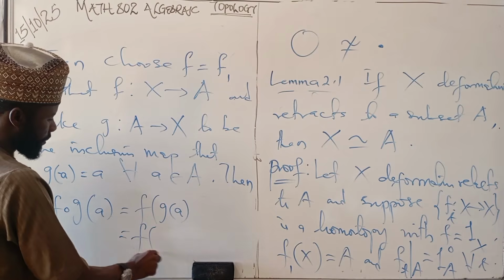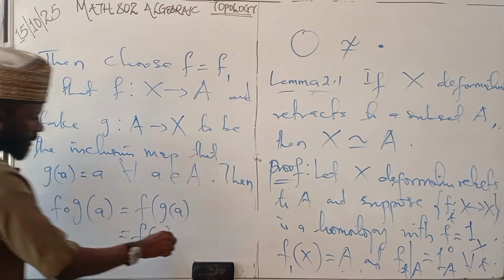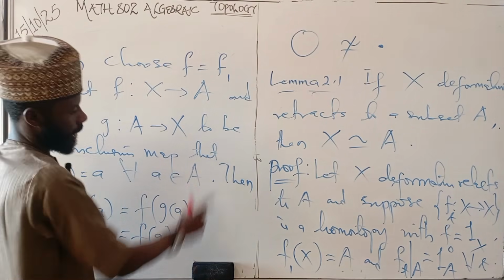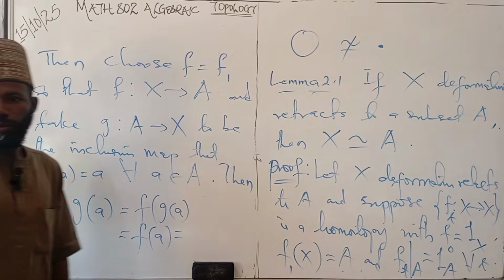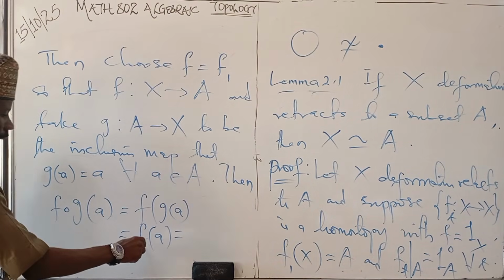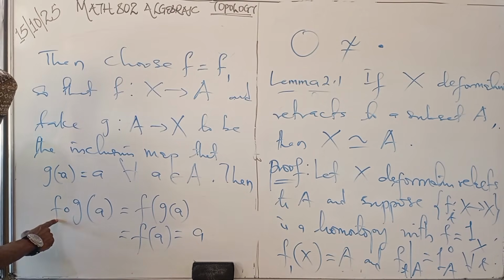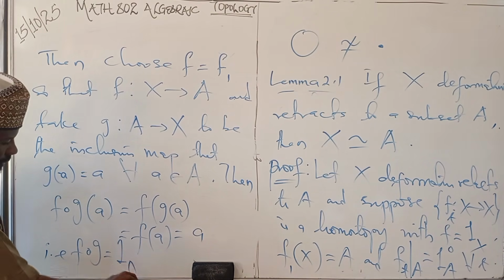But f of g of a will be f of a, because g is the inclusion map. And f of a is f1 of a, and f1 is the identity on A, so you just get a. Which means fg is actually the identity on A.